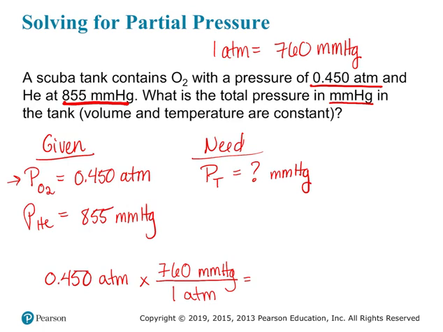We just take 0.45 times 760, and that gives us our pressure in millimeters of mercury because atmospheres will cancel. So we'll end up with 342 millimeters of mercury. So that is our pressure of oxygen.